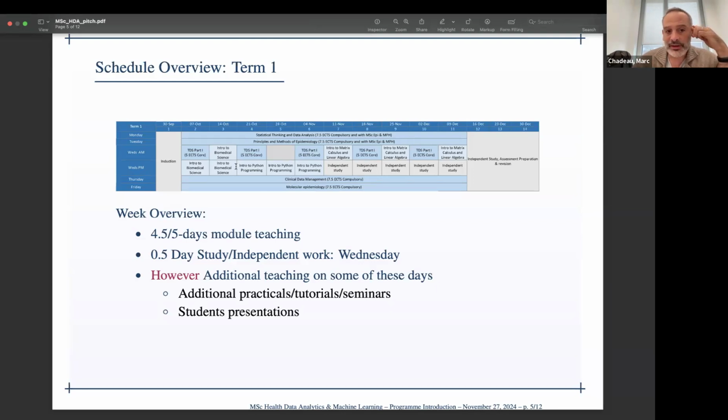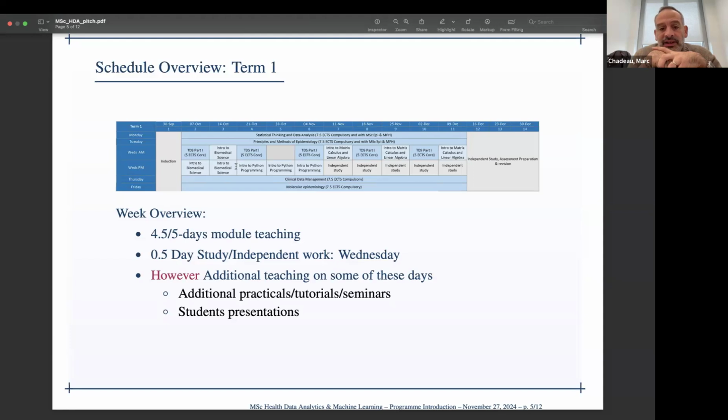So the first term, as you can see, this is the illustrative schedule for this year's. You have 4.5 to 5 days of module teaching. So we've got roughly half a day free for independent study and work.